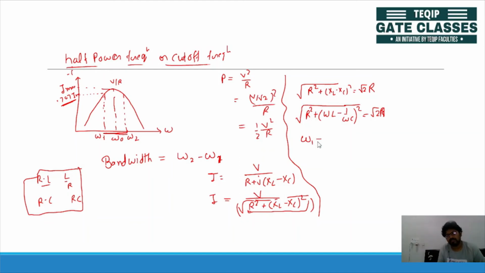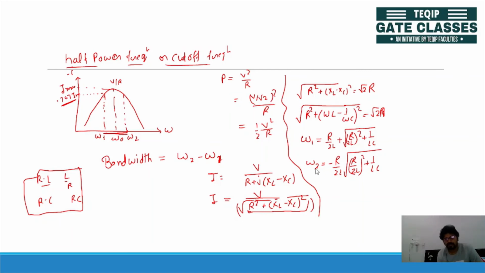Omega 1 is equal to R upon 2L plus the square root of (R upon 2L) square plus 1 upon LC, and you will get another value as minus R by 2L plus the square root of (R by 2L) square plus 1 upon LC.